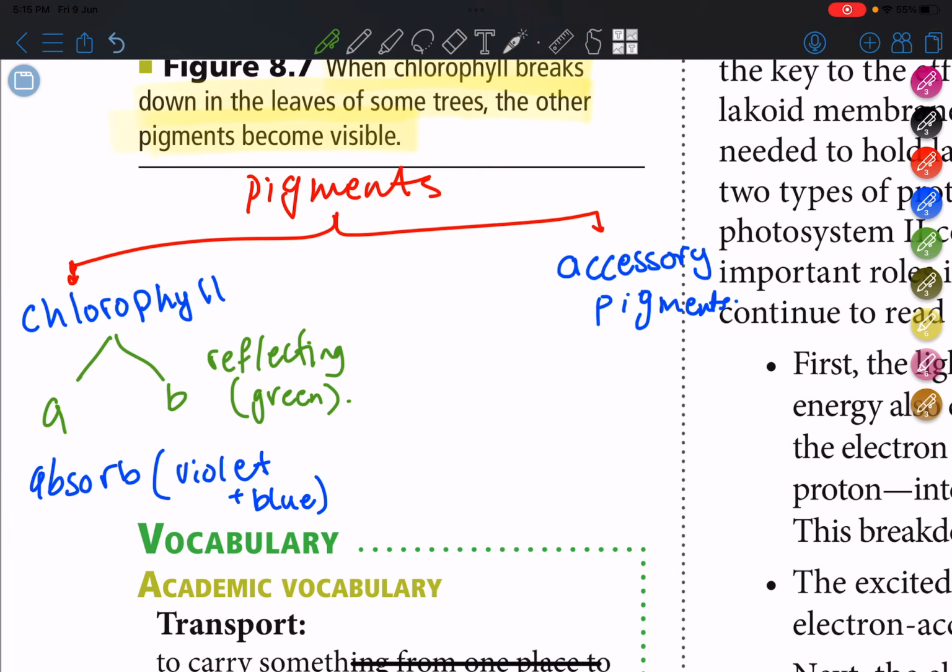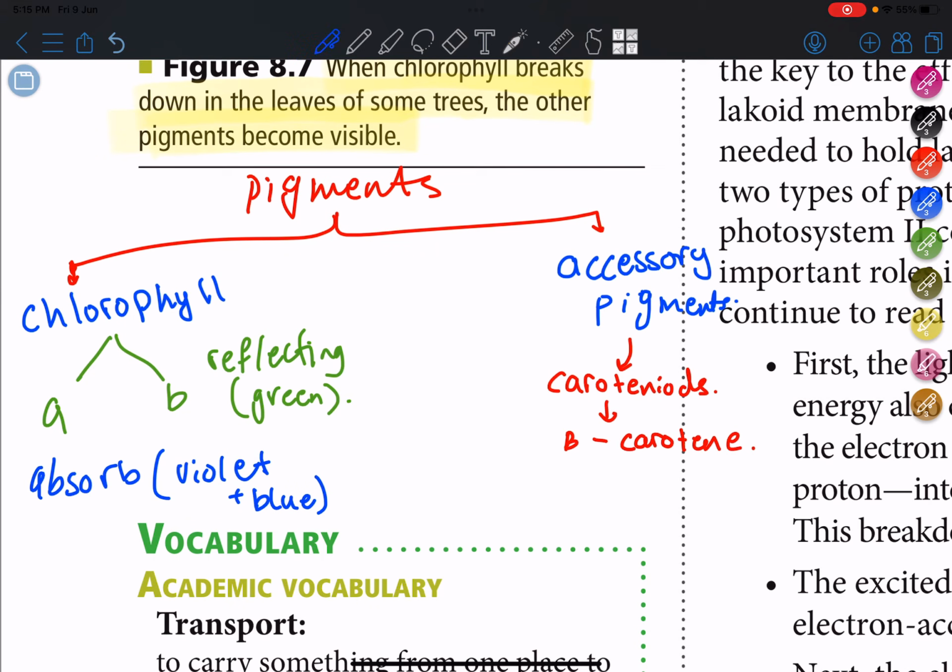In accessory pigments, we have one group called carotenoids. So carotenoids are a group of accessory pigments. They are examples of accessory pigments. An example of a carotenoid is beta-carotene. Okay?